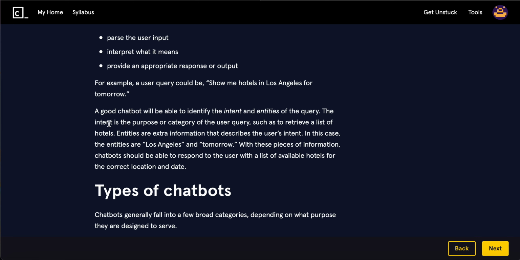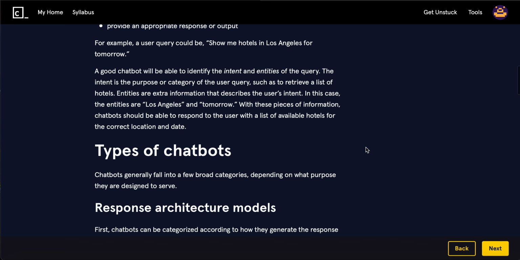The intent is the purpose or category of the user query, such as to retrieve a list of hotels. Entities are extra information that describes the user's intent. In this case, the entities are Los Angeles and tomorrow. With this piece of information, chatbots will be able to respond to the user with the full list of hotels for the correct location and date.